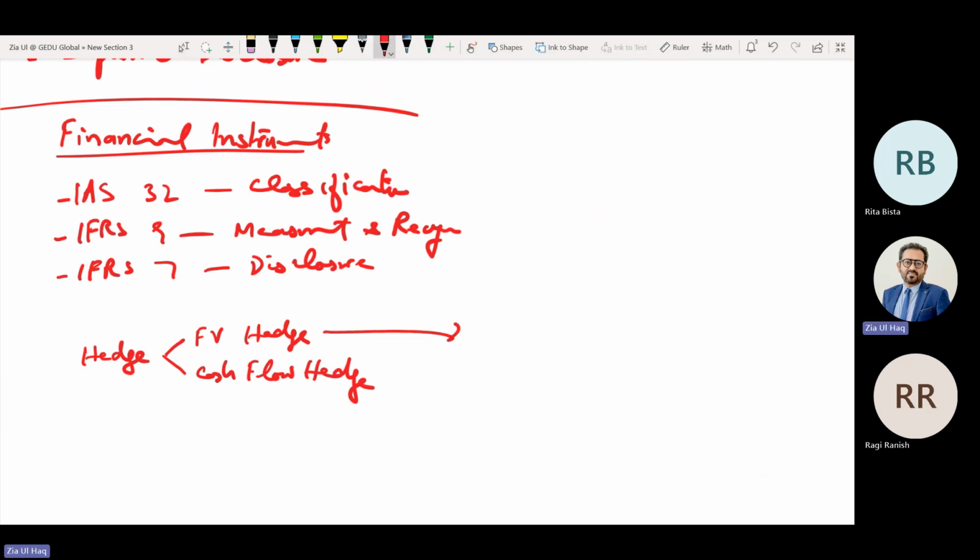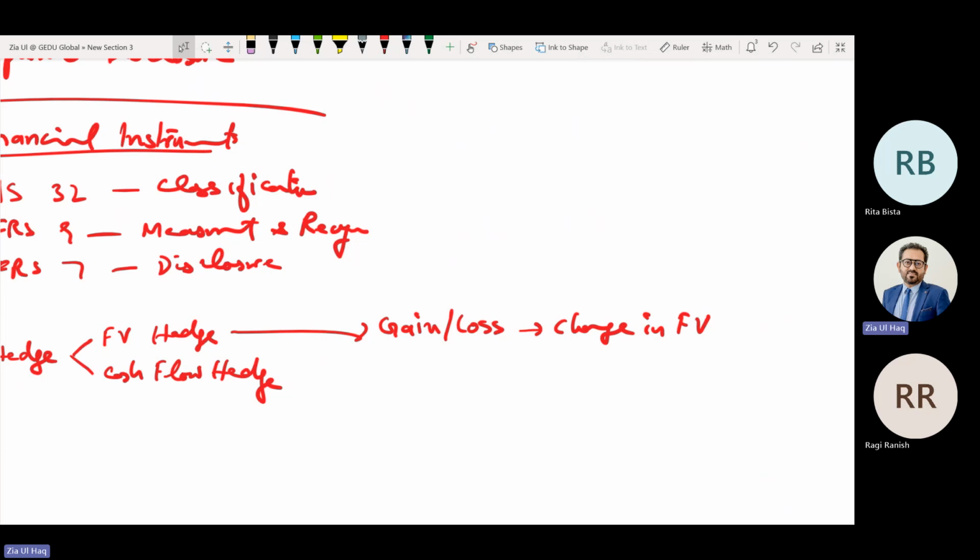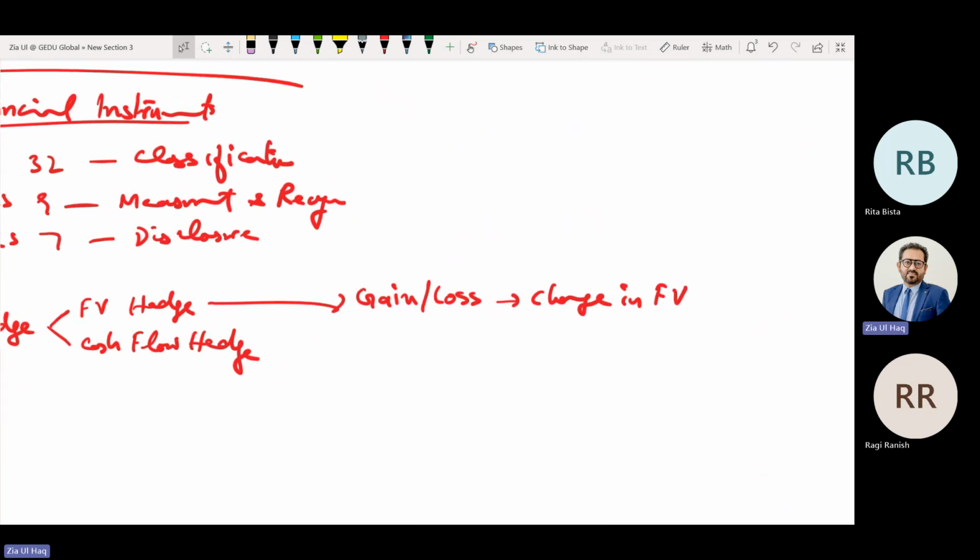In case of fair value hedge, change, or we can say gain or loss relating to change in fair value. Due to change in fair value, any gain or loss relating to fair value hedge should be charged to profit and loss account.